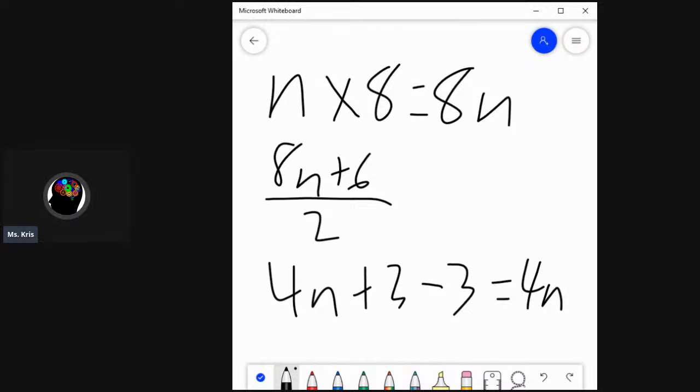So we have established the conjecture that a number that is picked, multiplied by 8, added to 6, divided by 2, and then reduced by 3 gives a result that is 4 times the original number.